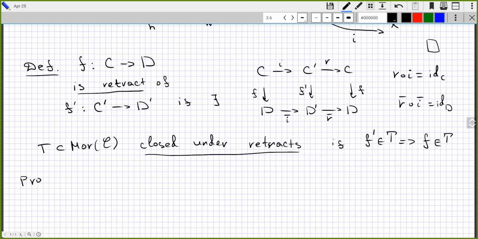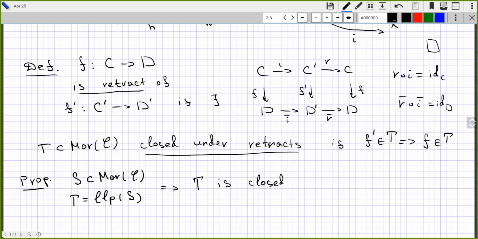And now a proposition similar to the one we have proven above: the collection of all morphisms having the lifting property with respect to any other collection is closed under retracts.